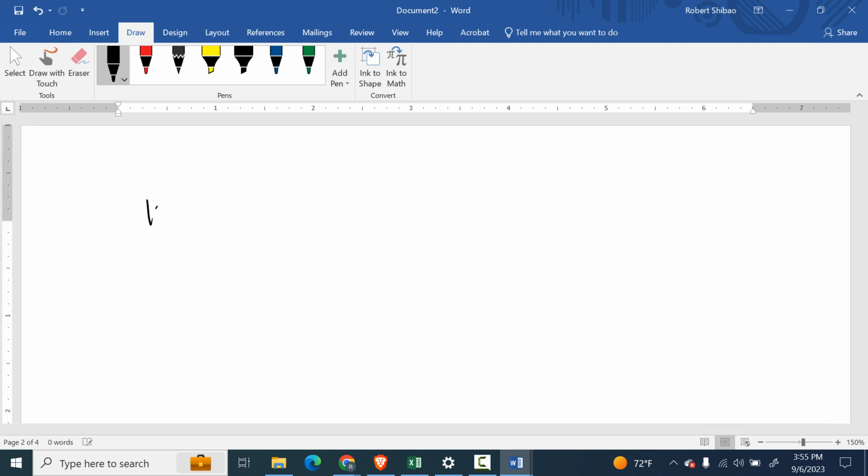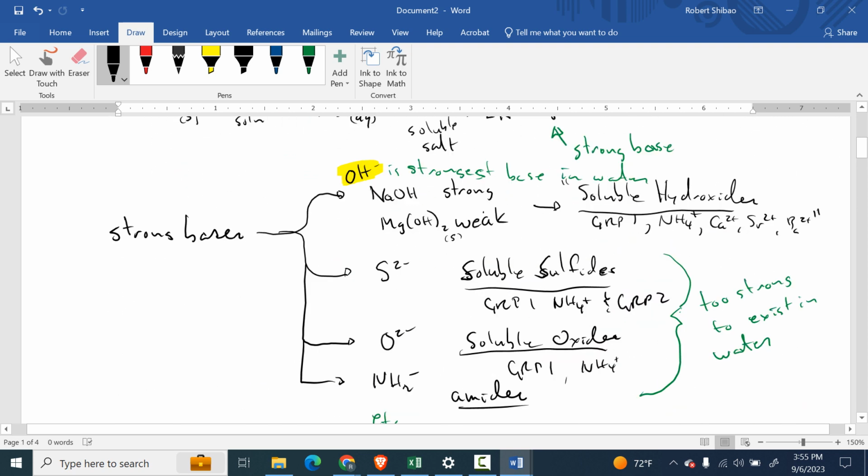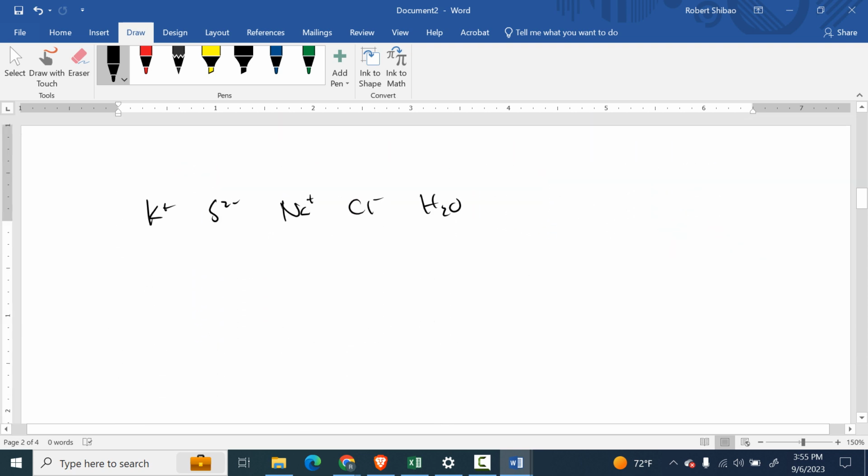All right, so in this particular reaction, I have potassium ions, sulfide ions, sodium ions, chloride ions, and water. I think that was the inventory. Potassium ions are pretty much neutral. Sulfide is a strong base, powerful base. Sodium ions are neutral. Chloride ions are so weak that they're considered pretty much neutral.